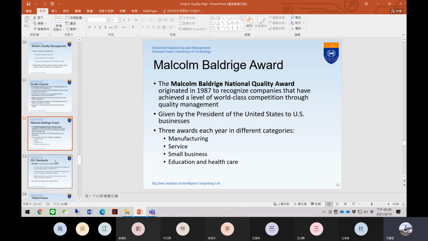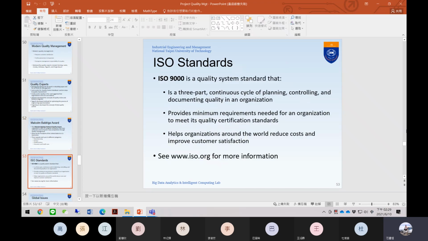And education and healthcare. ISO 9000 is a quality system standard that is three-part: a continuous cycle of planning, controlling, and documenting quality in an organization. Always prepare a lot of documentation.